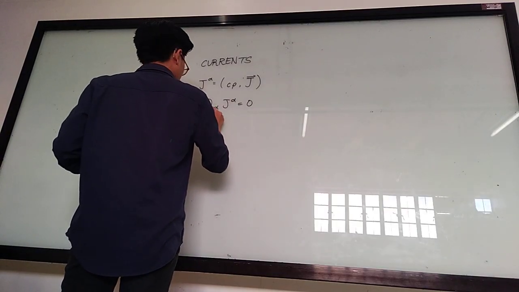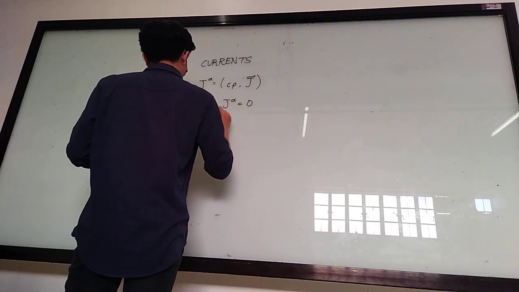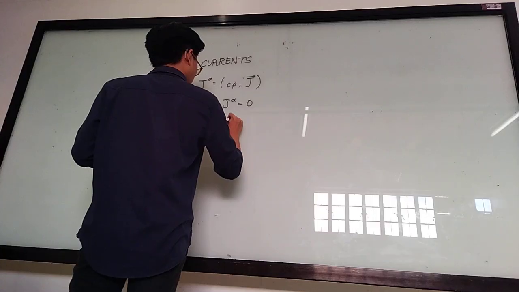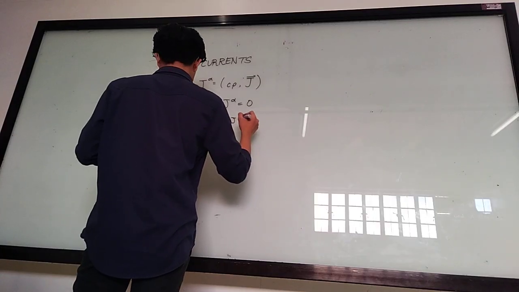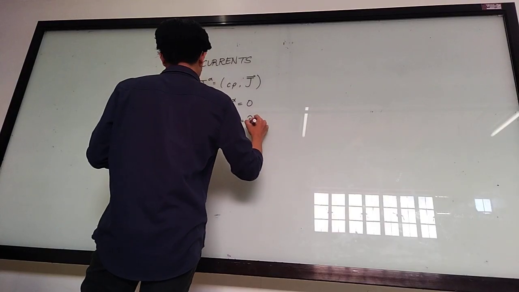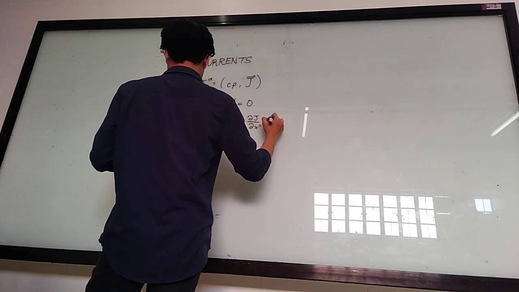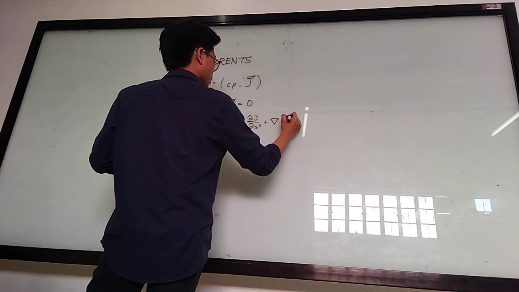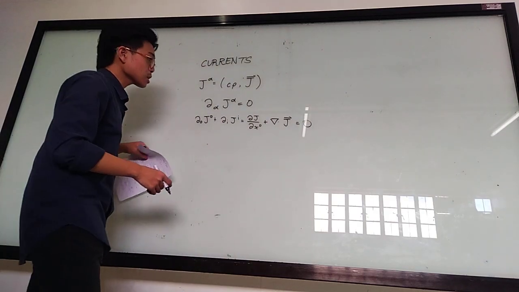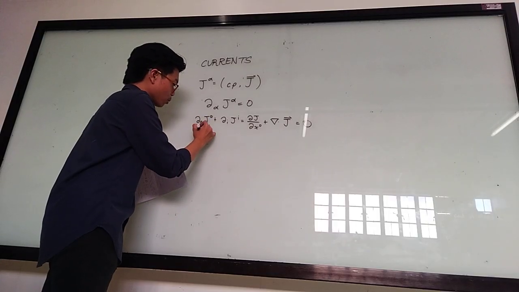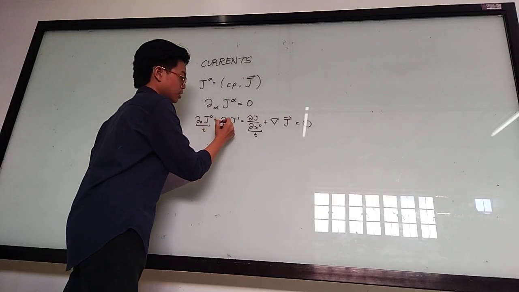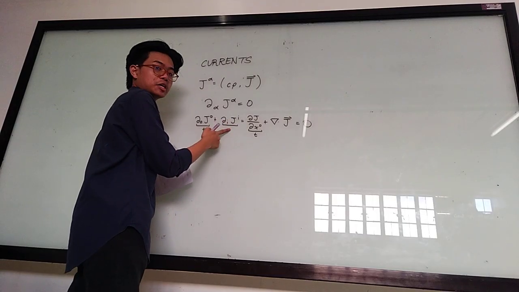So derivative with respect to the 0 component of my J plus ∂_i J^i, which is the time component plus the spatial component.